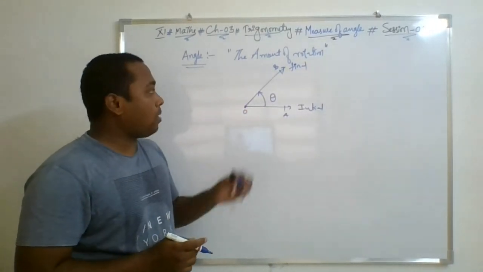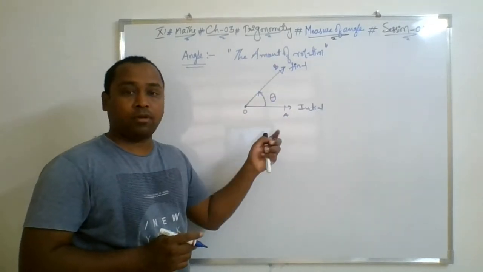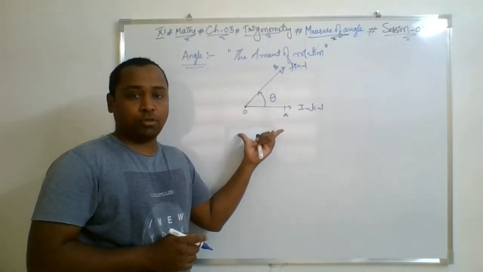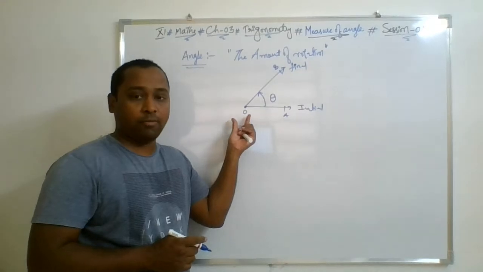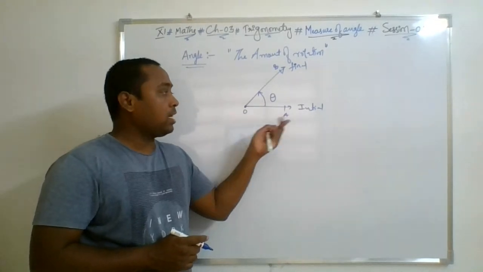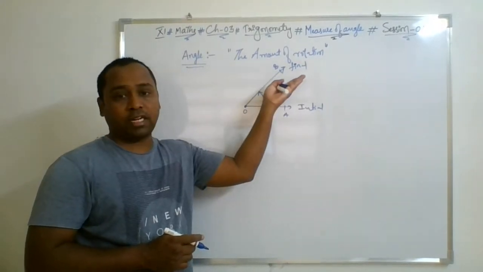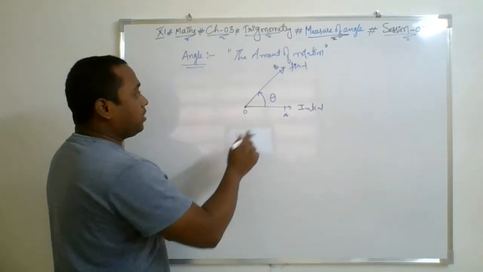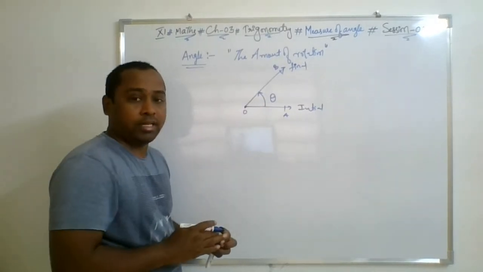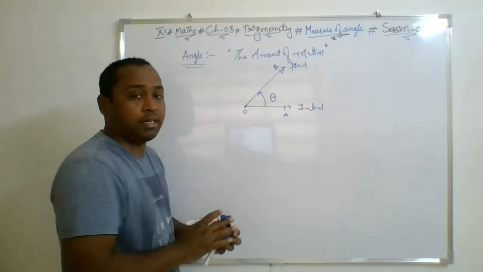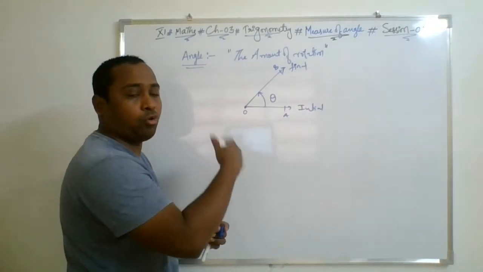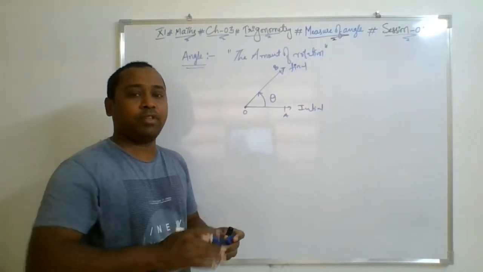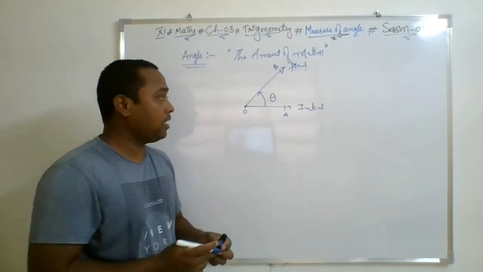Okay, so the amount of rotation of a ray about the fixed point, that is the fixed vertex, from the initial to a final ray, right? This amount of rotation is known as angle and denoted by the Greek letter theta, and you may also represent this angle with any of the English alphabet.